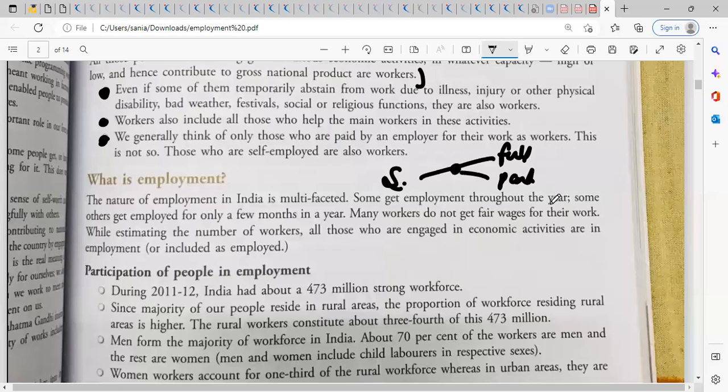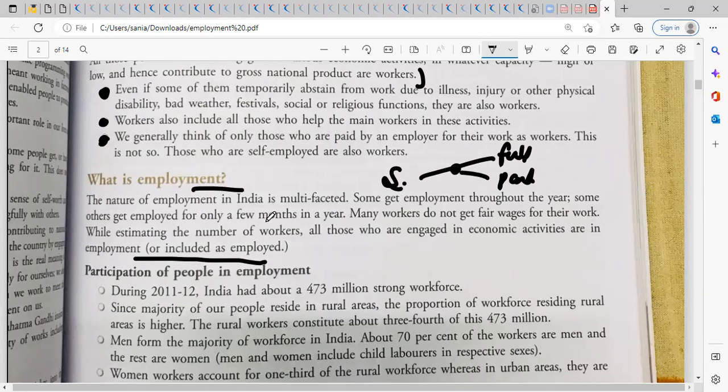Some get employment throughout the year. Some others get employed for only a few months in a year. Many workers do not get fair wages for their work. While estimating the number of workers, all those who are engaged in activities are included in employed. So basically they are multi-phase, like full-time, part-time, seasonal, monthly based, contractual based. But remember one thing, what is employment?